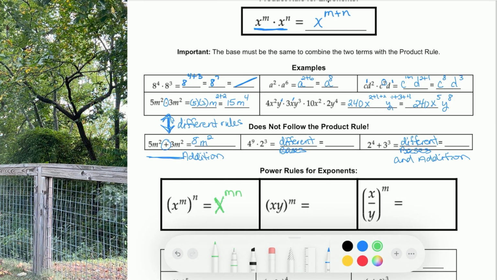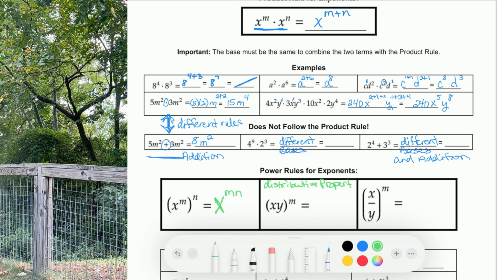All right, so let's look at this one right here. We have xy to the power of m. All right, so that, because the xy are in parentheses, we're going to be using the distributive property. So we're going to distribute that power of m to everything in that parentheses.